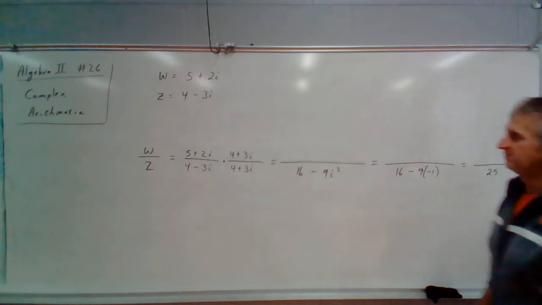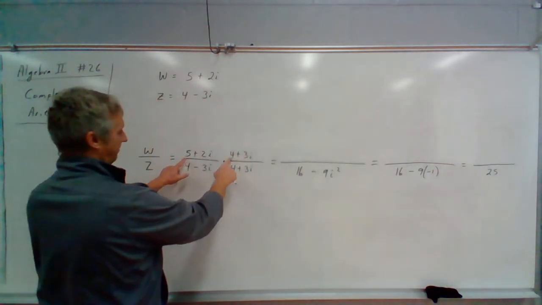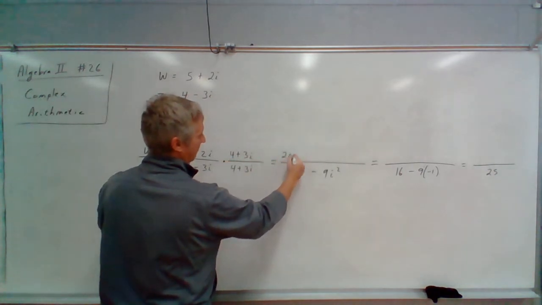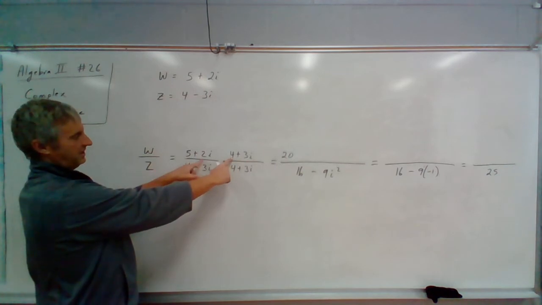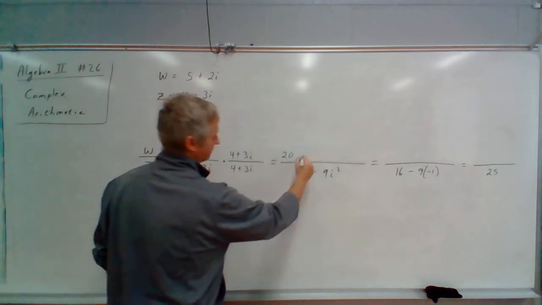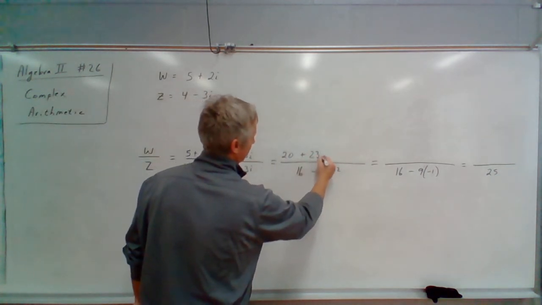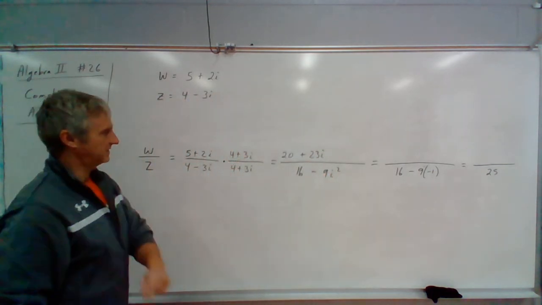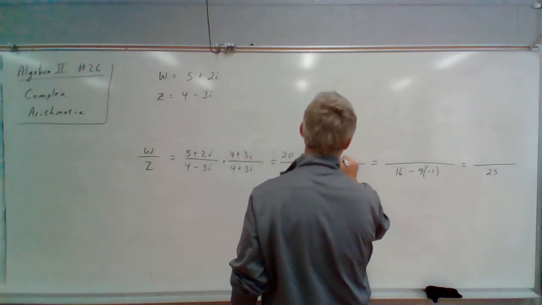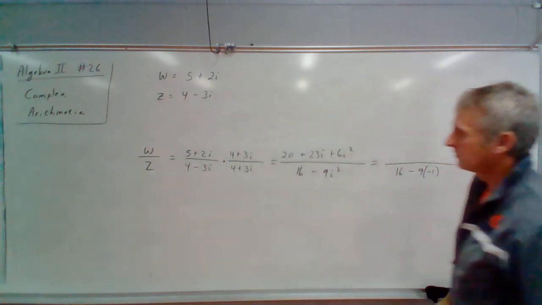All right, let's do the top. So on the top, I have 20 plus 15i plus 8i. That's plus 23i. And I have 2i times 3i. That's 6i squared. Double check that.